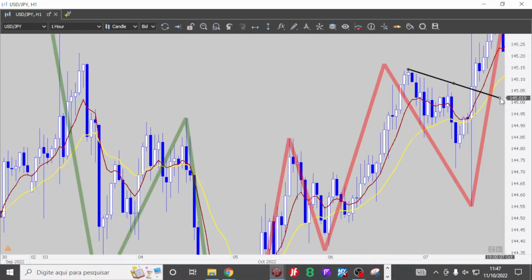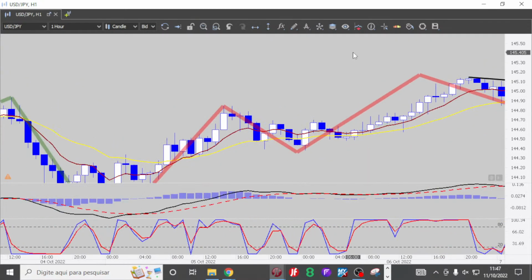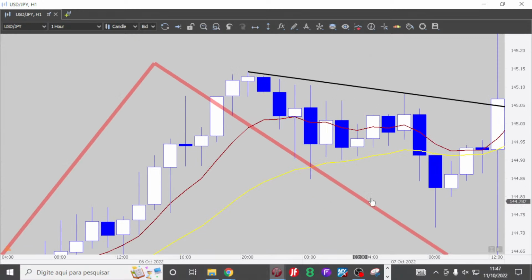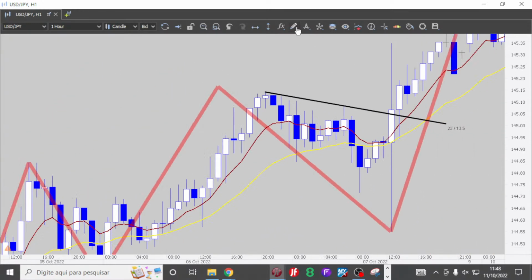Just an example, okay? So he or she would enter when this candle closes. Double click, make it a little bit bigger. Okay, everybody? So this was the entry from the first trader, this candle, the big one.